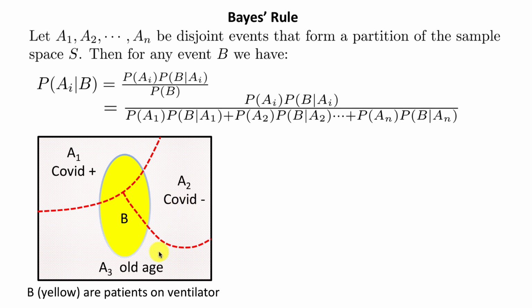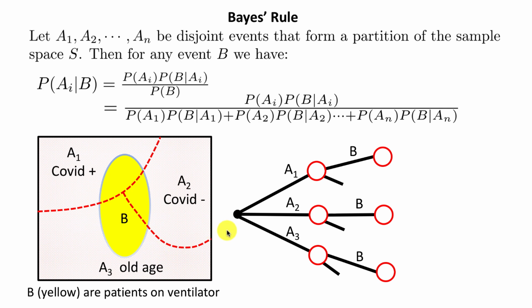Now, actually looking at this picture, you can immediately see why Bayes' rule holds. So, let's look at A1. A1 is the set of all patients who have tested positive for COVID. There'll be a certain probability, and that will be P of A1. That's the P of A1 over here.